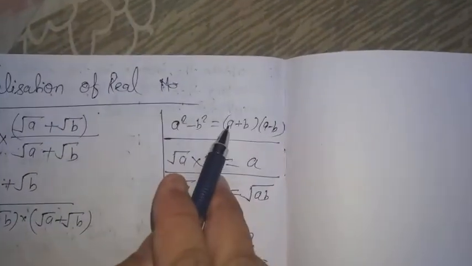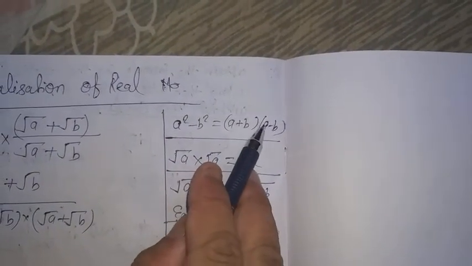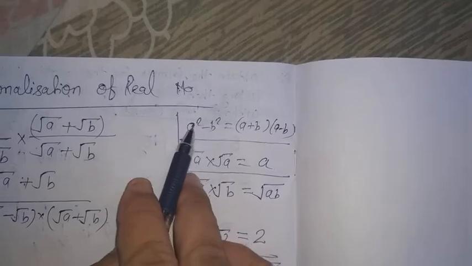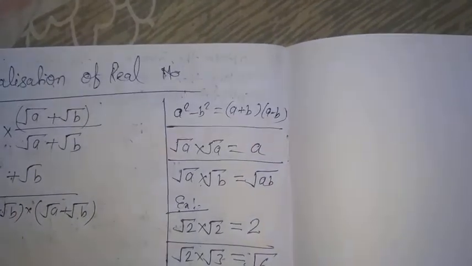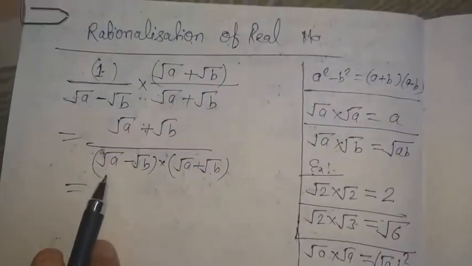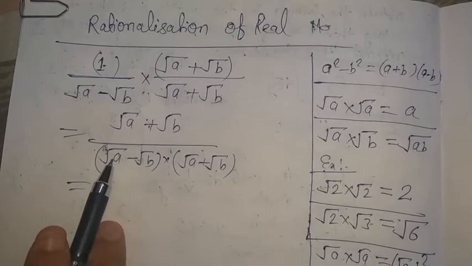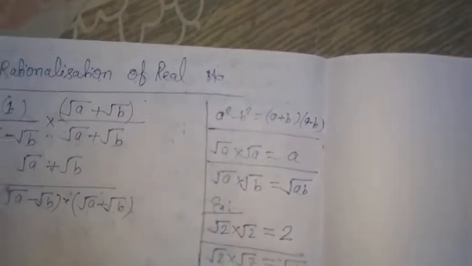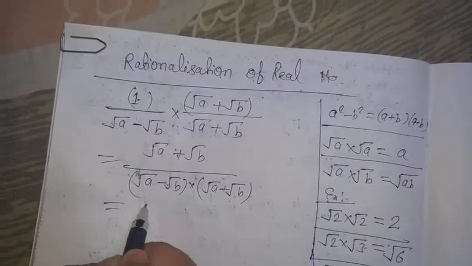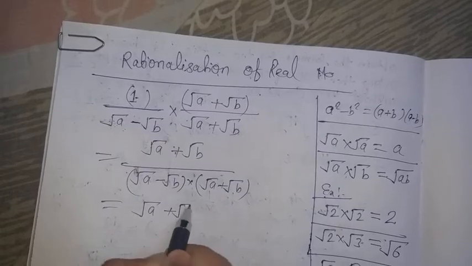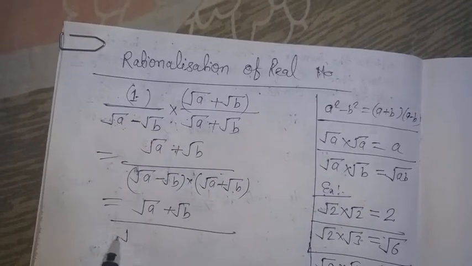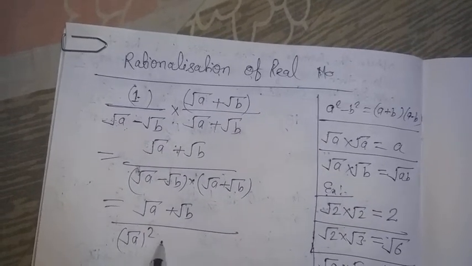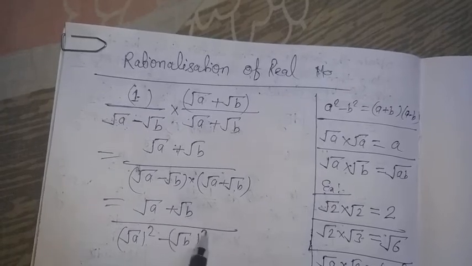This is the formula: a plus b into a minus b equals a square minus b square. In the same way, root a minus root b into root a plus root b becomes root a square minus root b square. So we write root a plus root b upon root a square minus root b square.